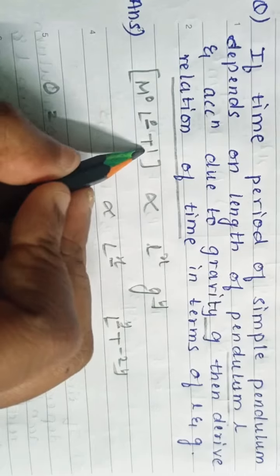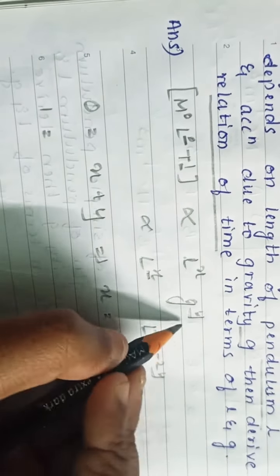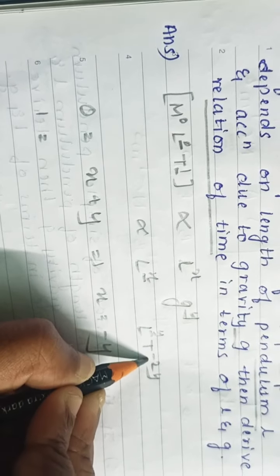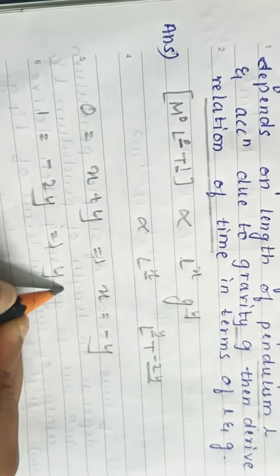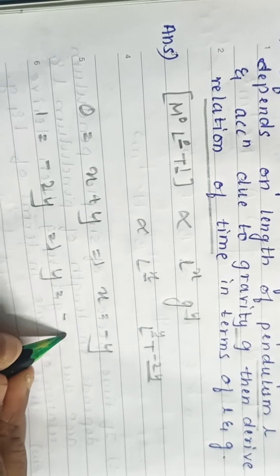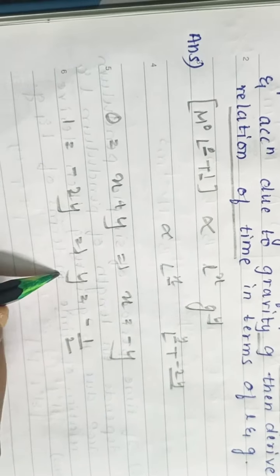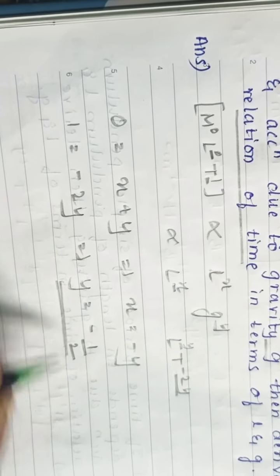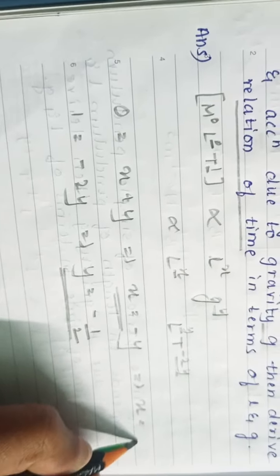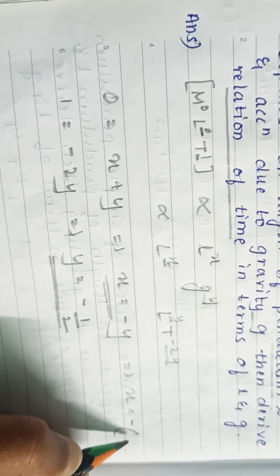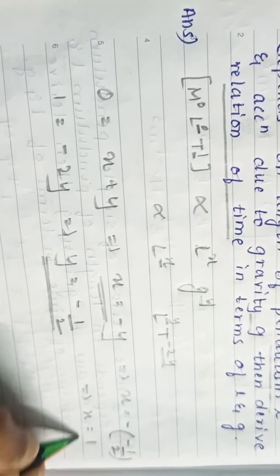Now the power of time is 1, equal to minus 2y, so y is equal to minus 1 by 2. We found the value of y. Now we can find the value of x also. x is equal to minus y, which is half.